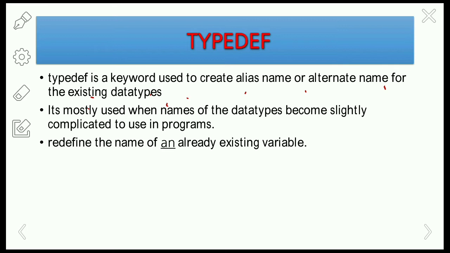Why do we do this? Because the names of data types can become slightly complicated to use in the program. If the name of the data type is very complicated to use repeatedly, then we use the typedef function to redefine the name of an already existing variable.